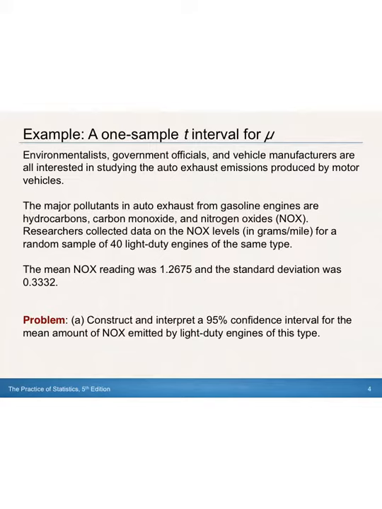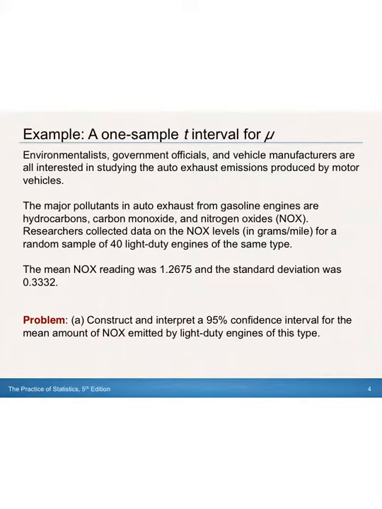So we're going to go through the whole process here. Environmentalists, government officials, and vehicle manufacturers are all interested in studying the auto exhaust emissions produced by motor vehicles. The major pollutants in auto exhaust from gasoline engines are hydrocarbons, carbon monoxide, and nitrogen oxides. Researchers collected data on the NOx level in grams per mile for a random sample of 40 light-duty engines of the same type.